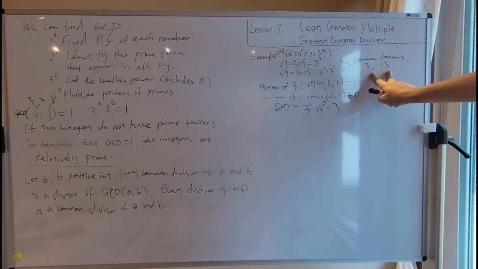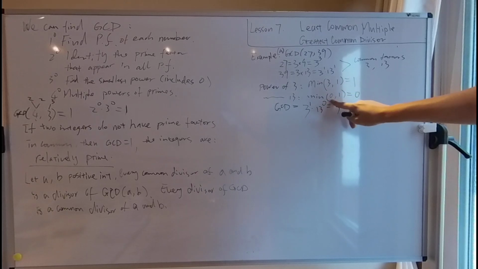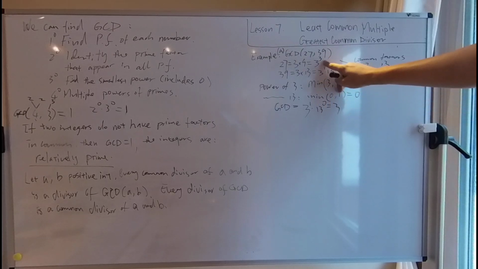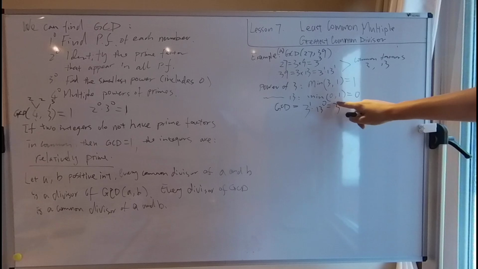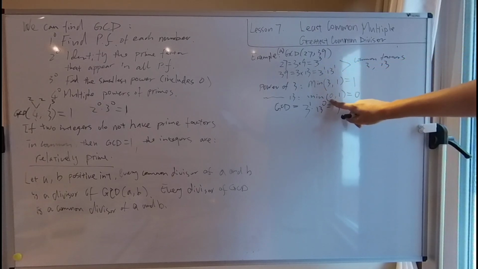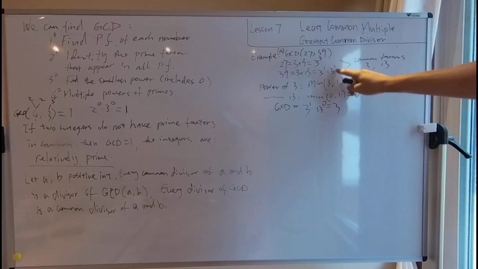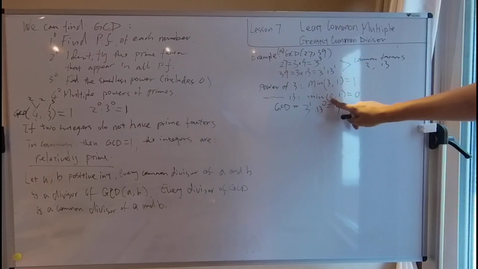Now here, in the next example, we'll show the simplified way. If you don't have a factor in common, you must have somewhere a power of 0, because 27 doesn't have a factor of 13, so the power of 13 will always be 0. So if you don't have a factor in common, it will contribute a power of 0 somewhere.